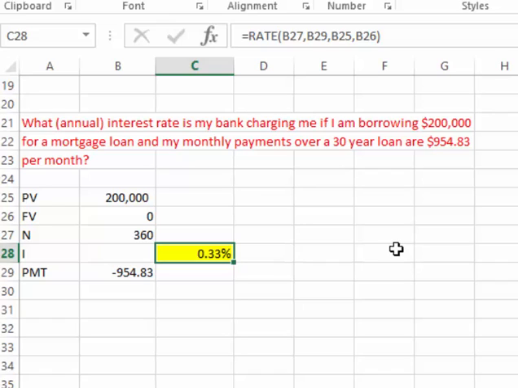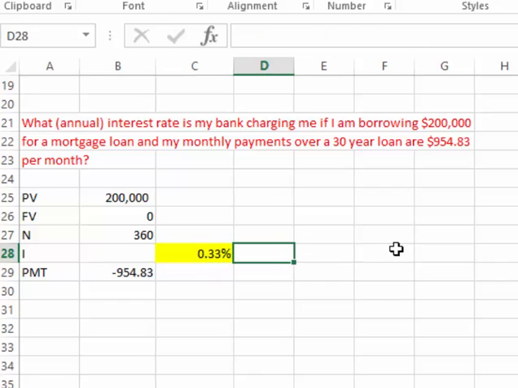But we need to keep in mind that this is a periodic interest rate, so that's a monthly interest rate. And at least in America, we don't talk about interest rates in terms of monthly numbers. We generally will discuss interest rates in the context of being an annual number. So what I need to do to finish this off is annualize this answer.